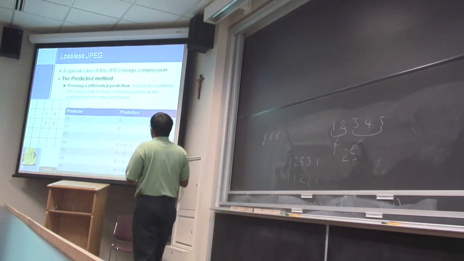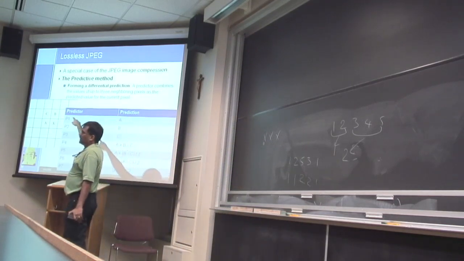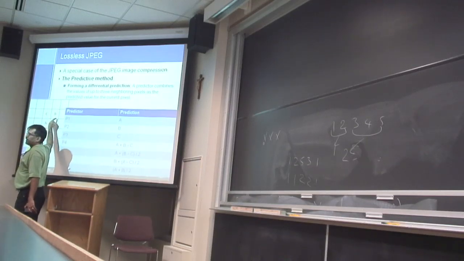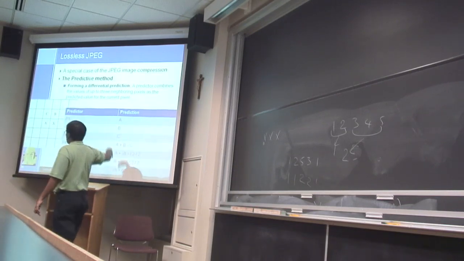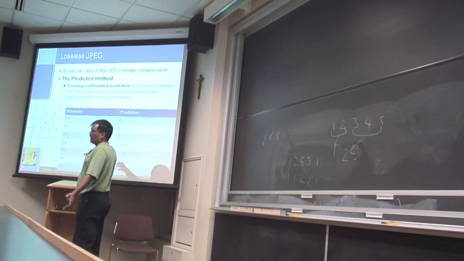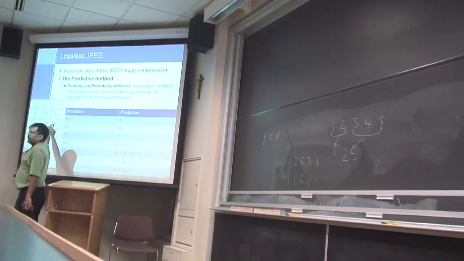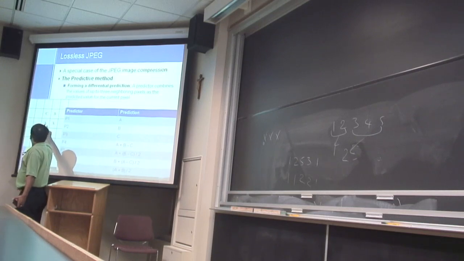What they do is take a 2x2 matrix and name the pixels A, B, C, and they predict this X value. They define 7 predictors. Some of them are fairly trivial. Predictor number 1 says that the predicted value will be A, whatever value you have here.